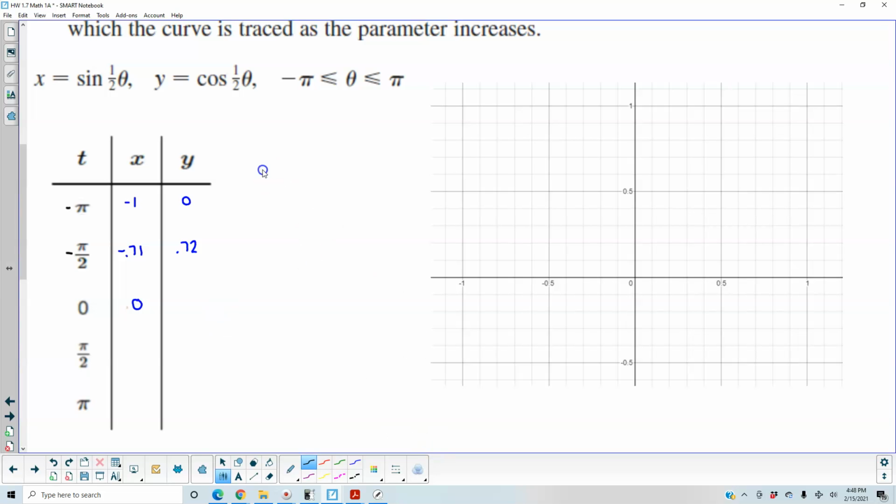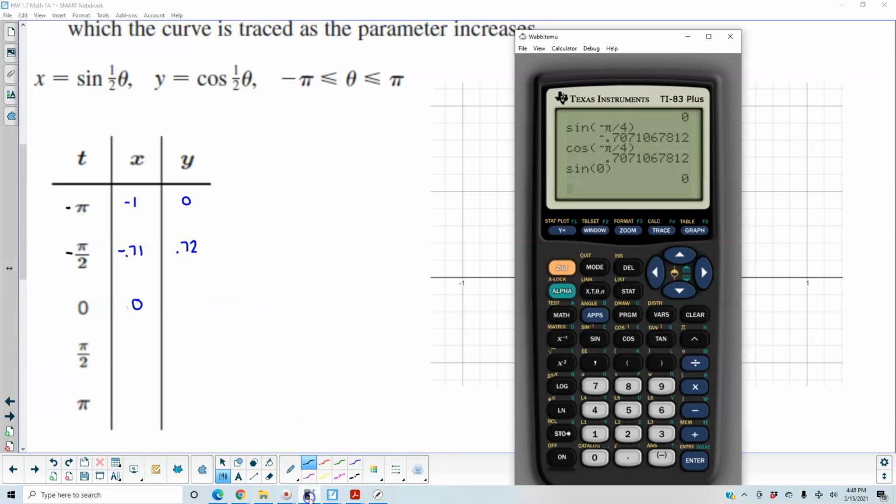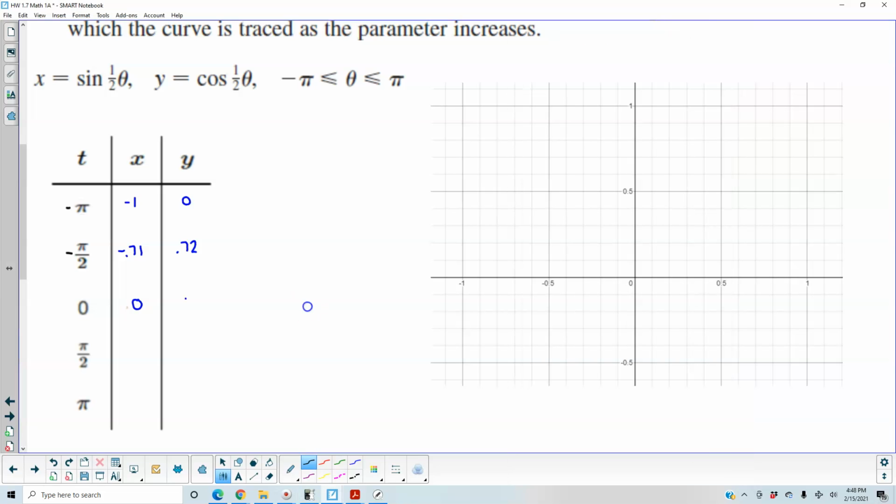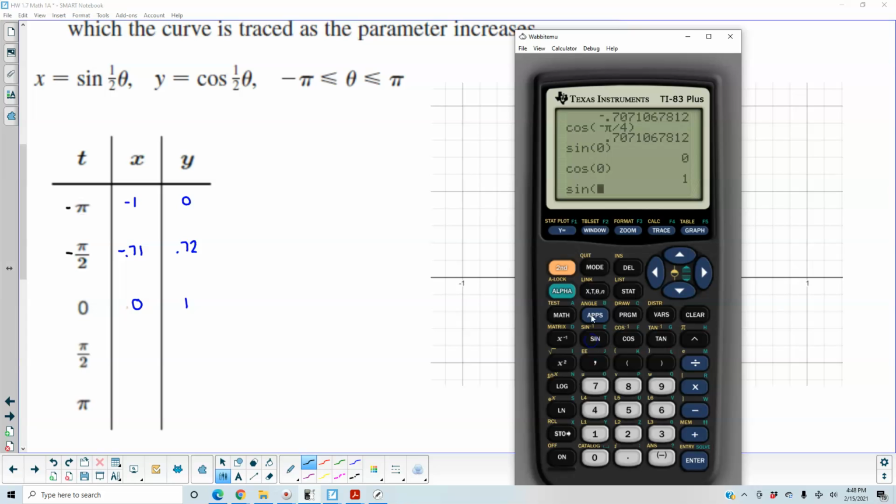And then what is the cosine of 1/2 times 0? Well, that's the cosine of 0, and we should know that to be 1. Okay, and now what is the sine of positive pi over 4? So the sine of positive pi divided by 4 is going to give us positive 0.71.